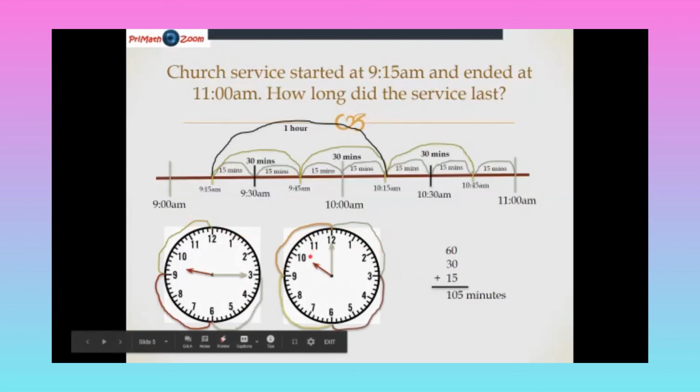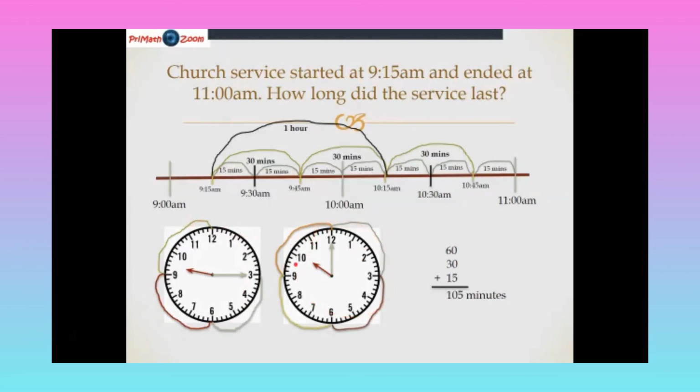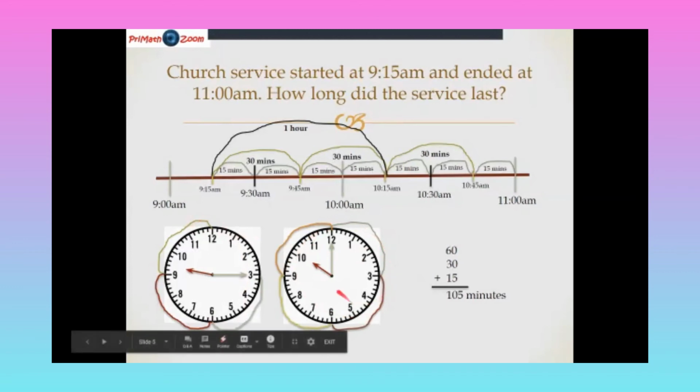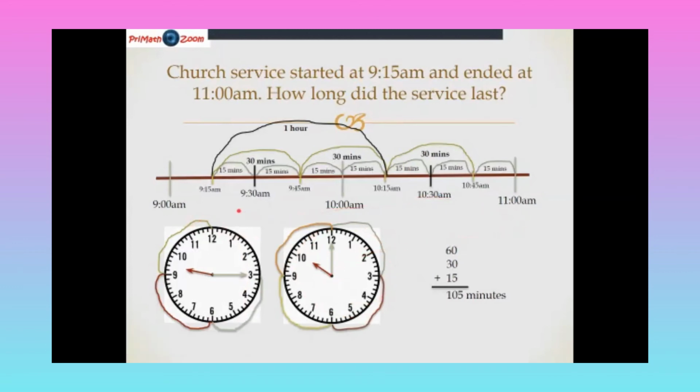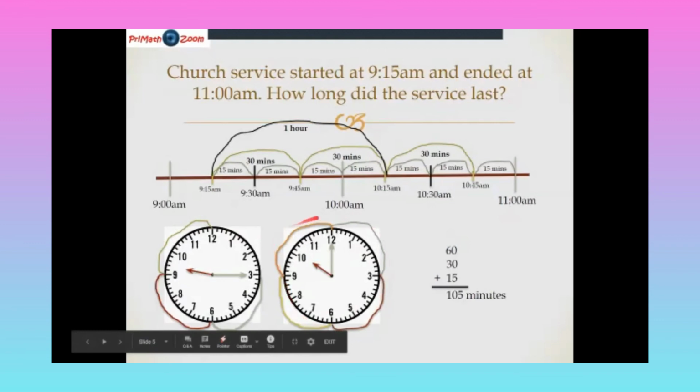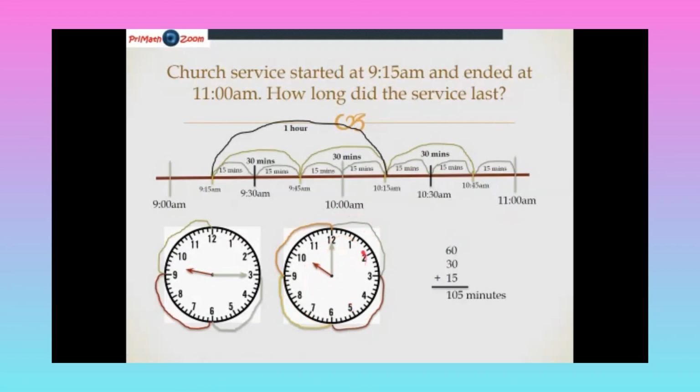And by now, 15 minutes would give us 1 hour, and that 1 hour after 10 o'clock is 11 o'clock. So what we can do is, we know that for this clock, we have a complete revolution. We have 15 minutes going all the way around. So we know that this clock here is showing 1 hour.